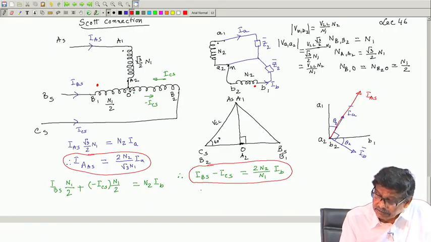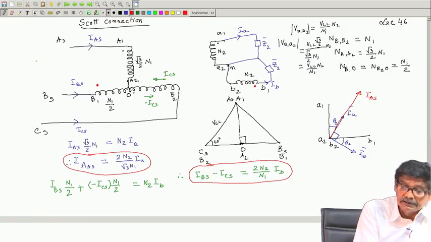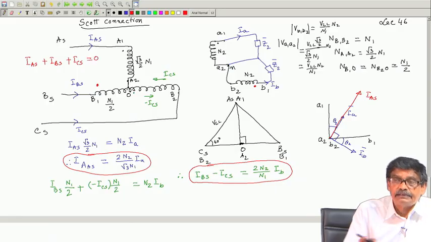The other equation is, on this side, if you look at it, we know I A S plus I B S plus I C S, these are all, the phasor sum is equal to 0. That is the third equation.